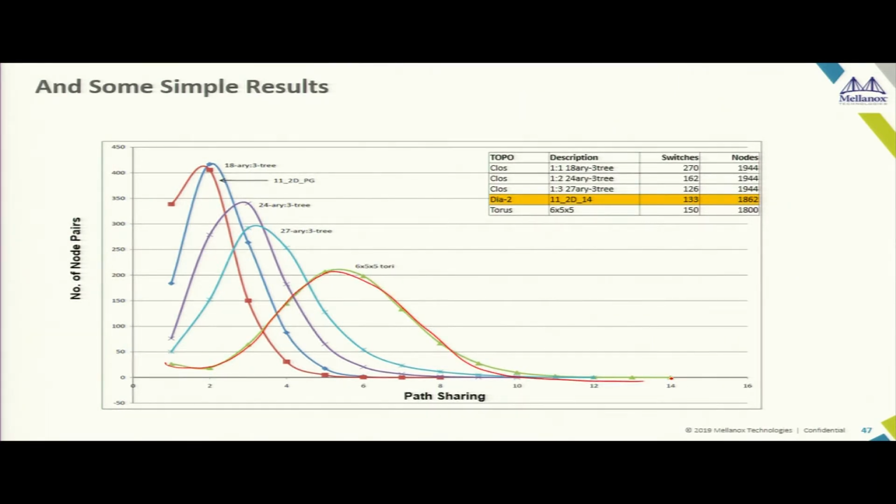What it means is there were 200 source destination pairs which shared their segment 5 times. Okay? There were again around 200 which had paths shared 6 times, and so on. The area under this curve is basically nothing but the total number of pairs, right, which is 2000. Now, what is the best network, you tell me? In this graph, can you tell me which network would you consider as a better network?